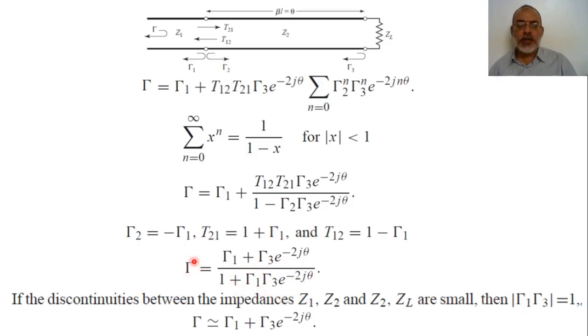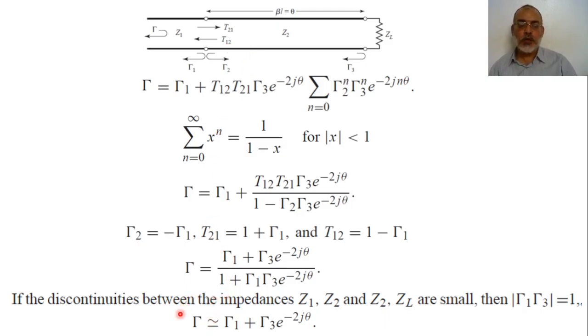This means that the total reflection coefficient at the first transmission line section can be approximated as the reflection coefficient at the first interface plus the reflection coefficient at the second interface multiplied by e to the power minus j2 theta, which is the phase shift due to forward and backward travel along this transmission line section of phase shift theta.